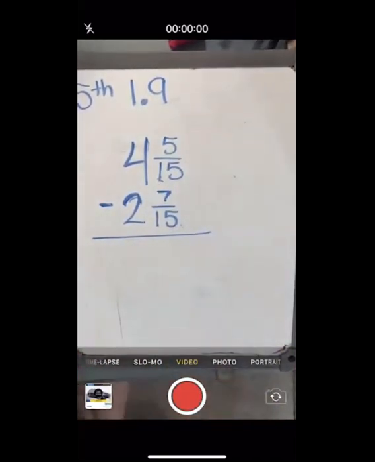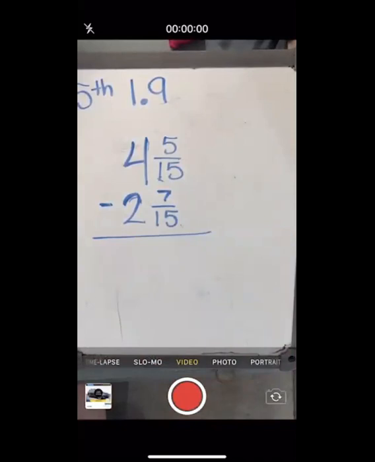So we turned our 1/3 into 5/15. Now I have 4 and 5/15 minus 2 and 7/15. Does anyone see a problem here? No problems? Oh, I see a problem. What's the problem? You can't subtract 7 from 5.